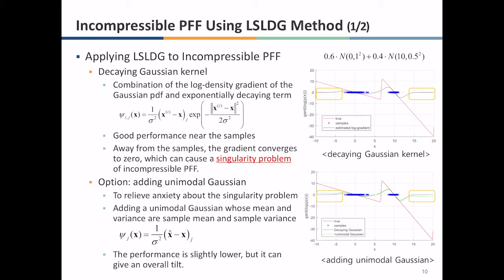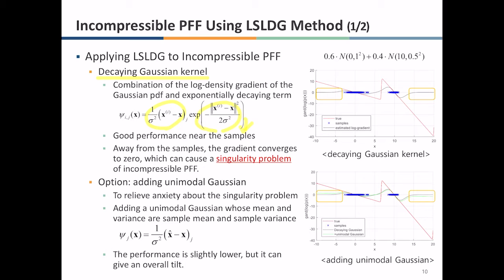In this slide, I'll discuss the kernel that takes into account the properties of the incompressible PFF. The kernel presented by Sasaki, who proposed LSLDG, can be described as a decaying Gaussian kernel as follows. It consists of a log density gradient term of a Gaussian PDF and an exponentially decaying term. It has the effect of performing KDE using a Gaussian kernel, but the effect is reduced as it moves away from the specific sample.